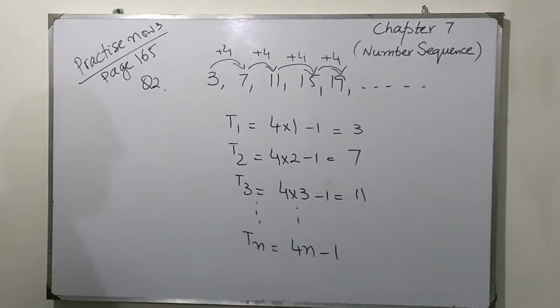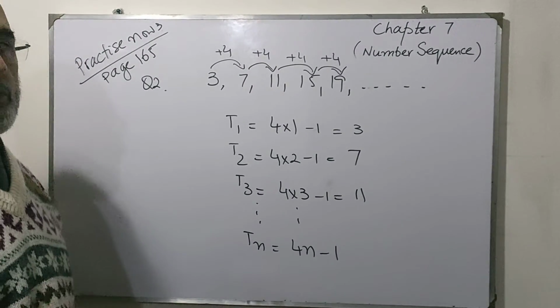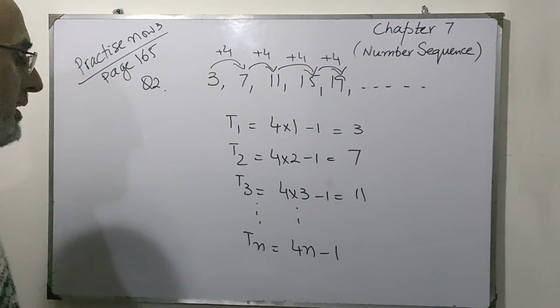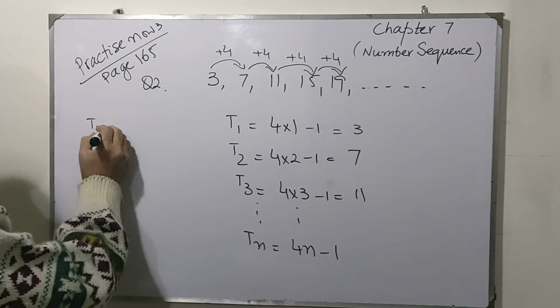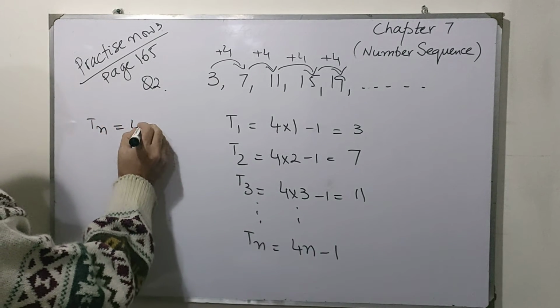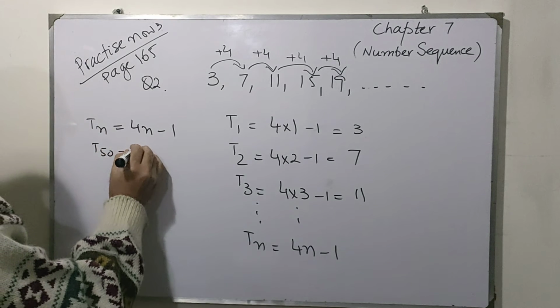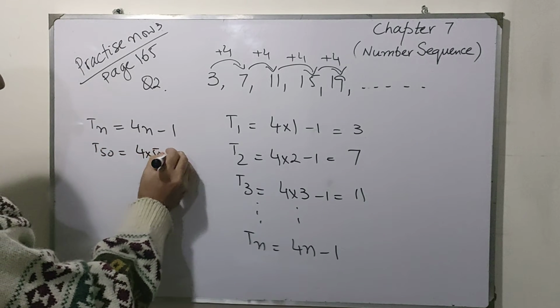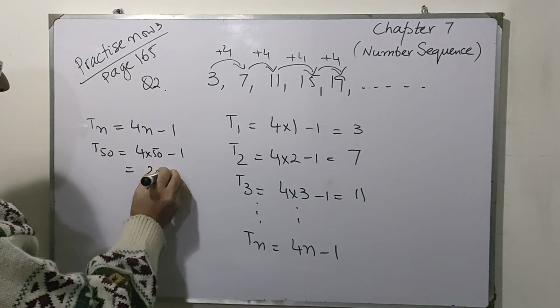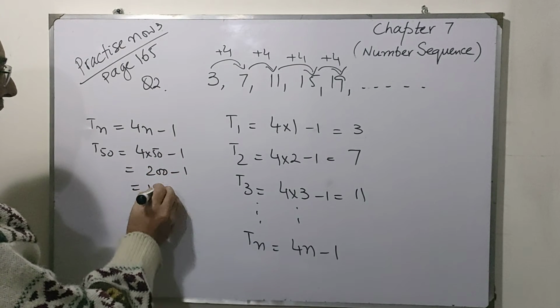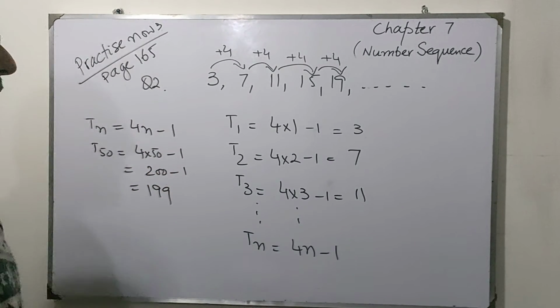Now for the same sequence we have to find out the 50th term. We have nth term is 4n minus 1, so T50 is 4 into 50 minus 1, which is 200 minus 1 is 199.